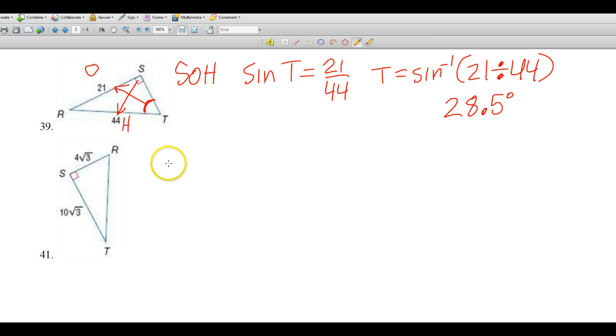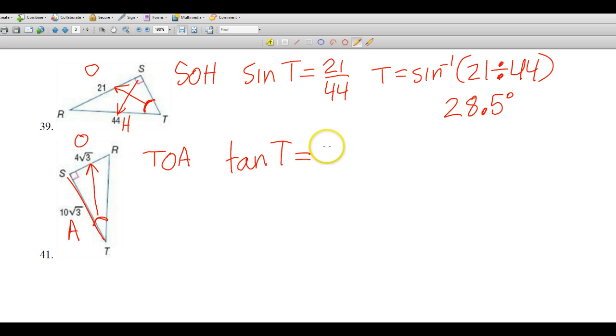And for 41, angle T is here. We are given the side opposite from our angle, and we're also given the side adjacent to the angle. From SOHCAHTOA, opposite over adjacent would be TOA. So the tangent of our angle is equal to opposite over adjacent.